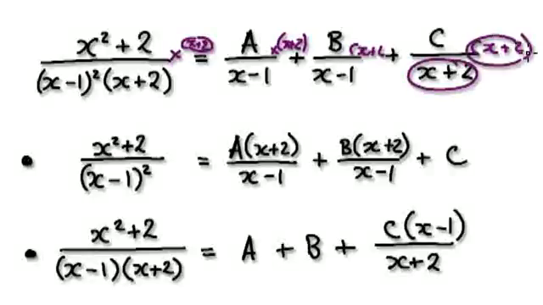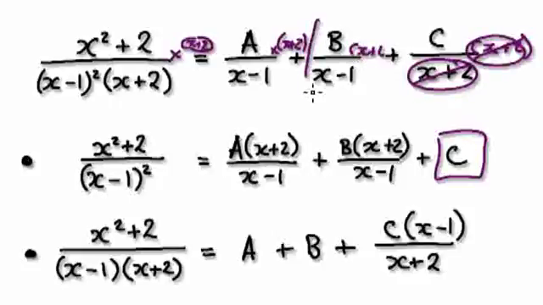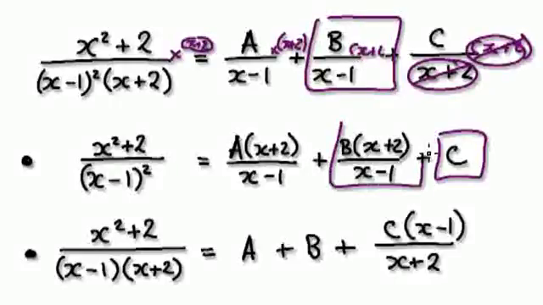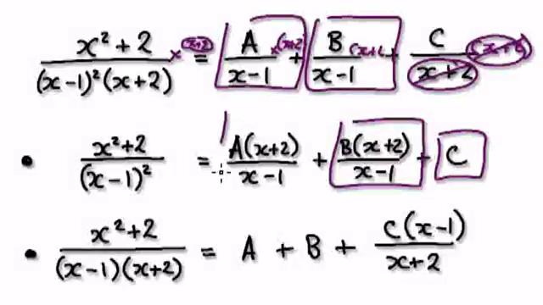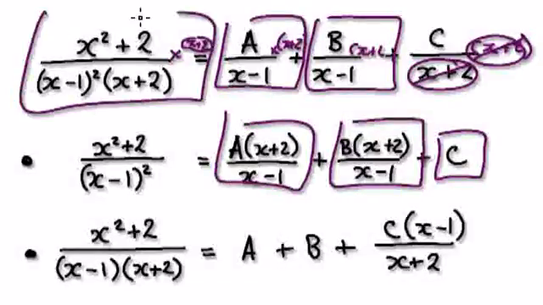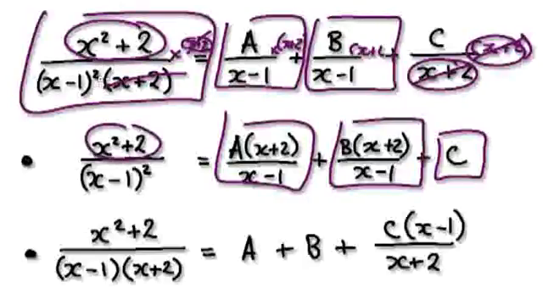Now these two will cancel out, giving you this. This thing here will become this, and then this thing here will become this. Remember, when you times by x plus 2, this thing goes, and then this thing goes. So this is this, and this here is this.